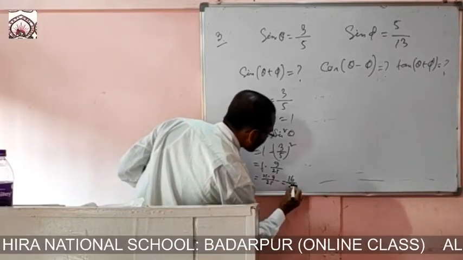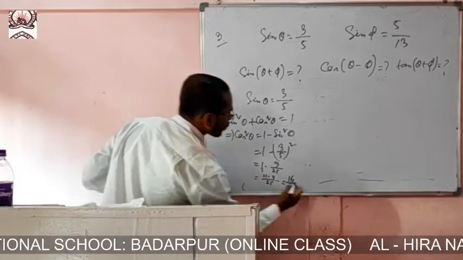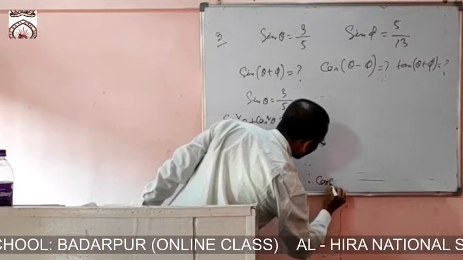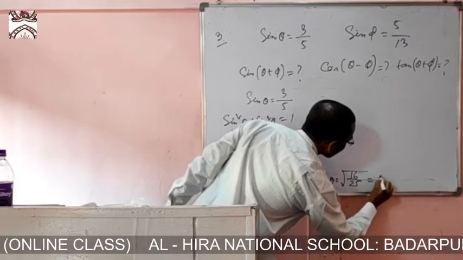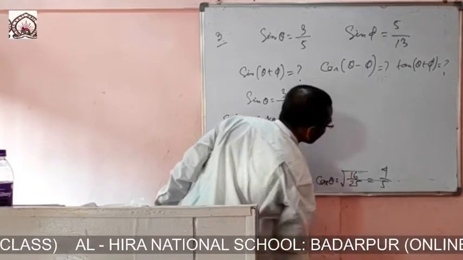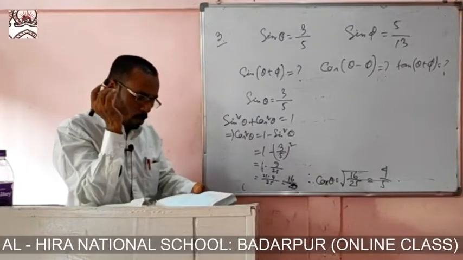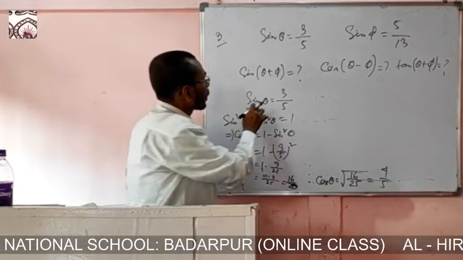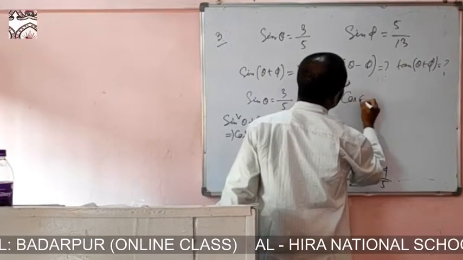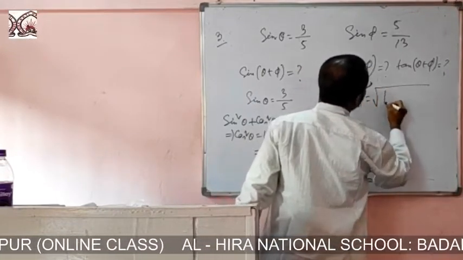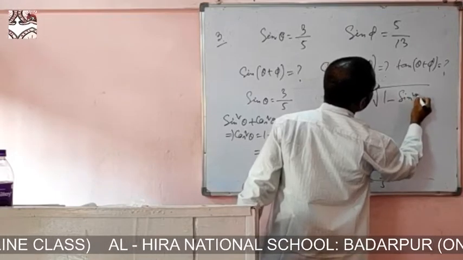As cos square theta is 16 by 25, therefore cos theta will be square root of 16 by 25, which is 4 by 5. So cos theta we are finding 4 by 5. Like this, sin phi is given, so cos phi will be root over 1 minus sin square phi.